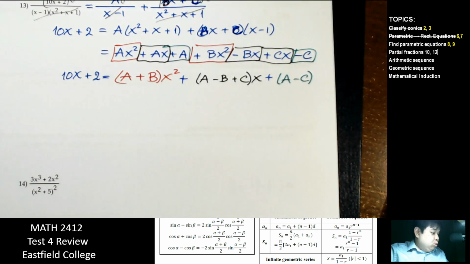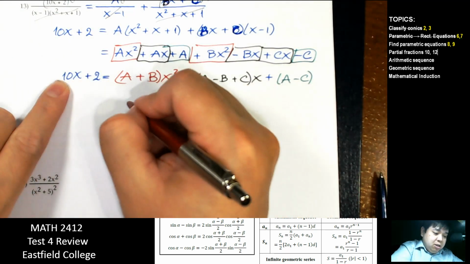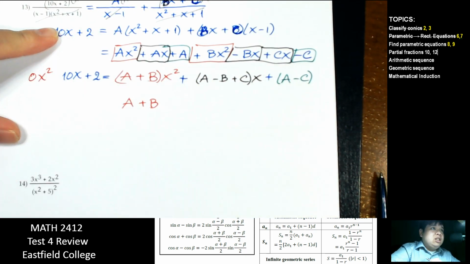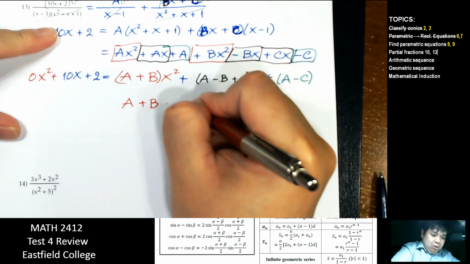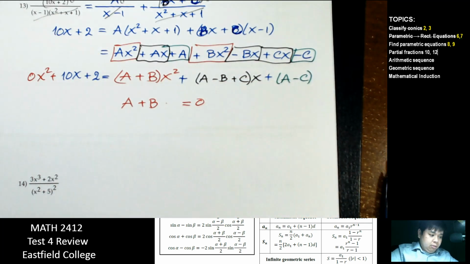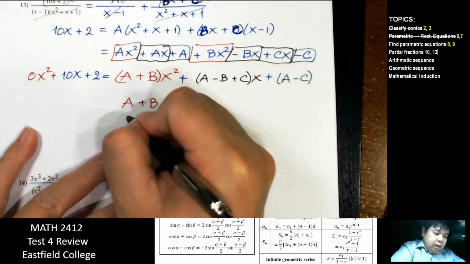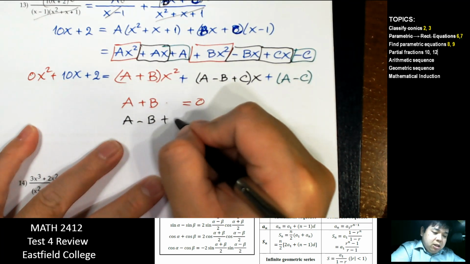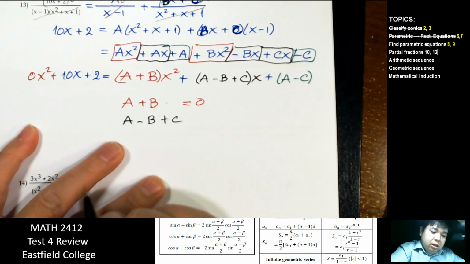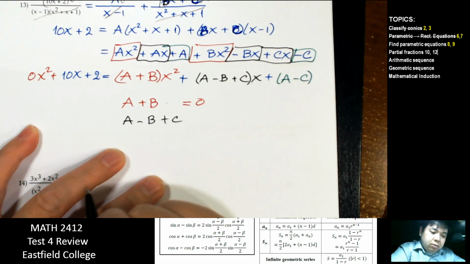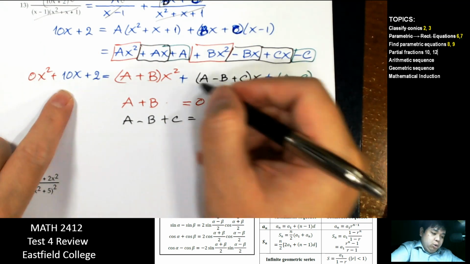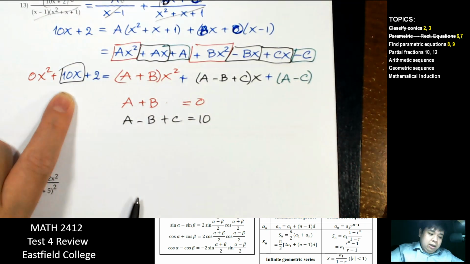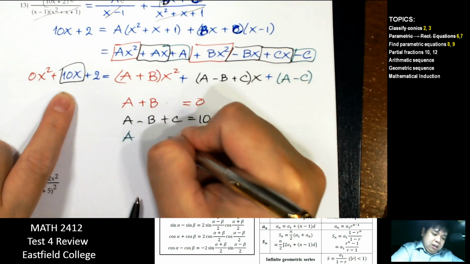Now we just match the coefficients: a plus b. Since there's no x squared here, we're going to put 0x squared and make that equal to 0. A minus b plus c equal to 10, and a minus c equal to 2.